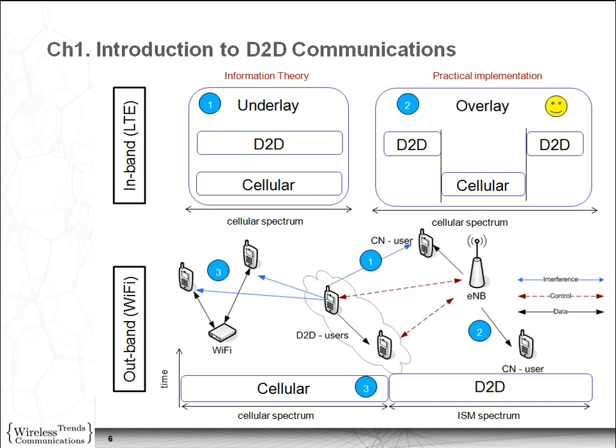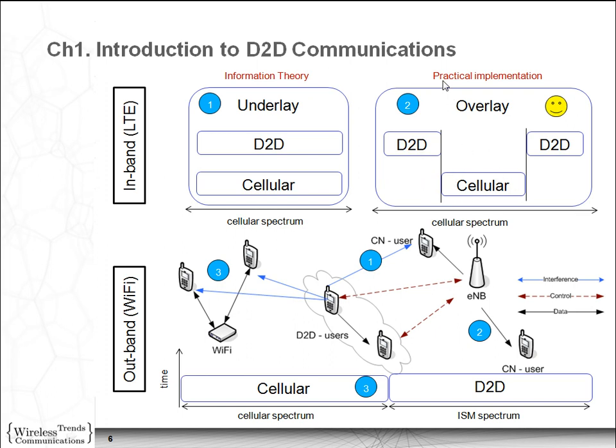approach, and this means that when we have this cloud of device-to-device users and this cellular user, we don't want them to interfere with each other. So we use the resources of the network, and part of the resources are allocated to these users, and some other parts are allocated to the cellular network. In this case, this chunk of cellular spectrum is just for D2D, and the other chunk is just for cellular.